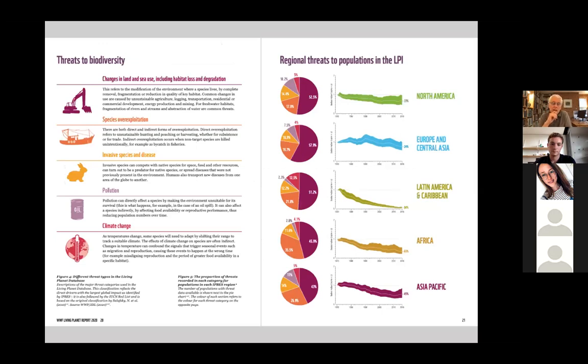And the reasons for that are many. This is what the Living Planet report identifies as the key questions. Changes in land use, basically the loss of habitat, particularly tropical habitats, overexploitation of species, particularly in the marine zone, but not exclusively, invasive species and disease, pollution, and climate change. So a whole host of different kinds of factors. And you can see that there are different threats in different parts of the world.